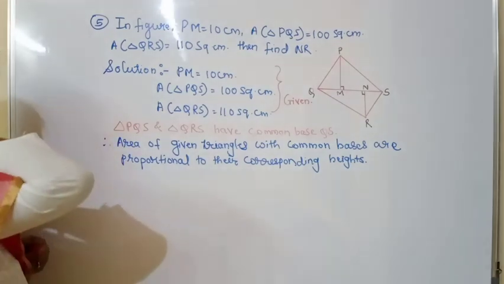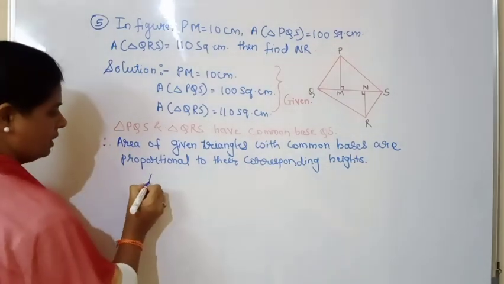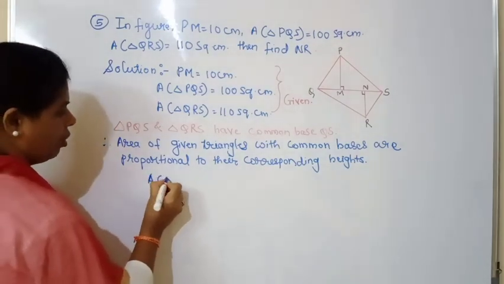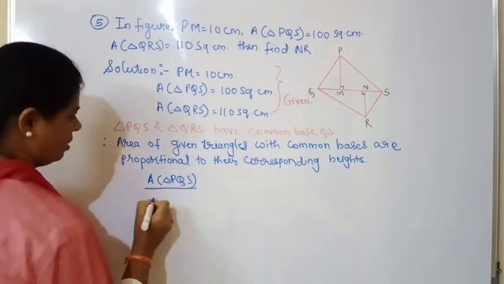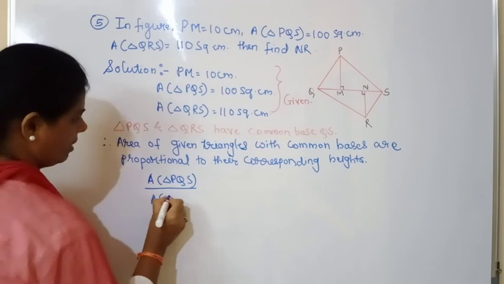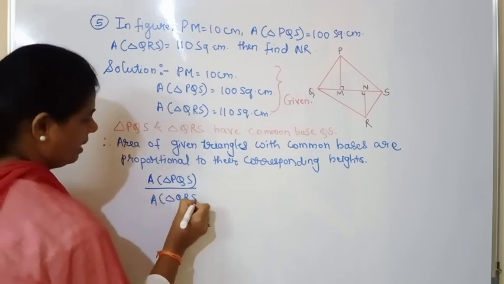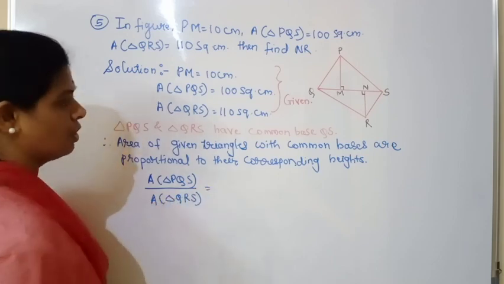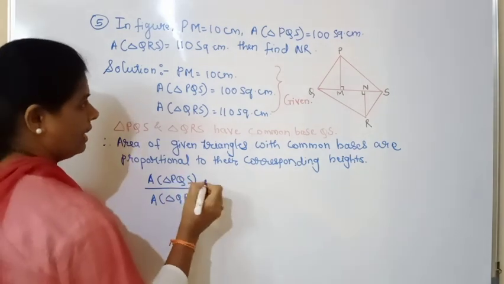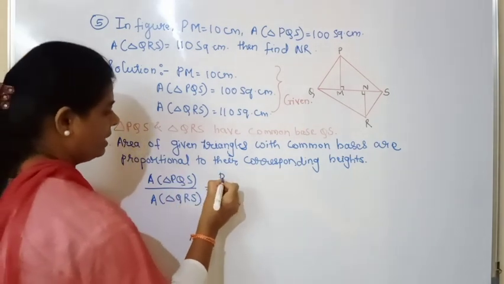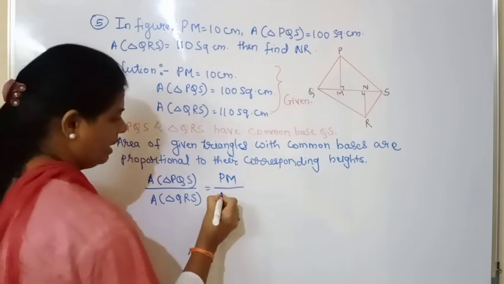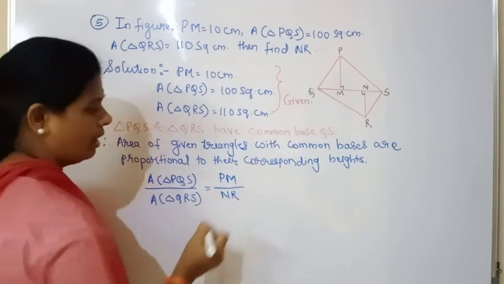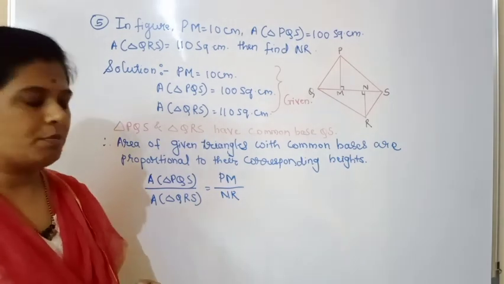Now we'll write the ratio of both the triangles: area of triangle PQS upon area of triangle QRS is equal to, what is the height now? The height of triangle PQS is PM and height of triangle QRS is NR. In the next step we'll substitute the values.